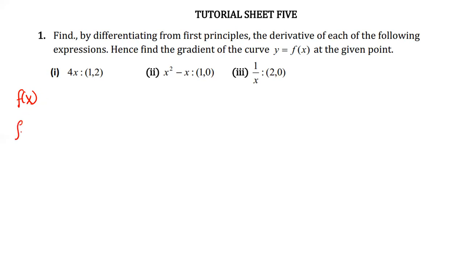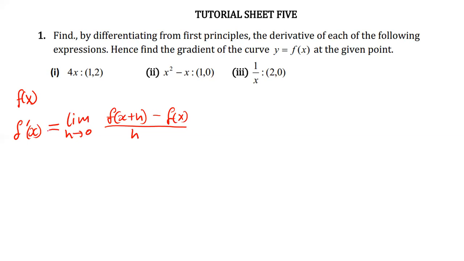You say f prime of x, meaning the first derivative, is equal to, you find the limit of f of x plus h. So this h can be any constant, any number. So x plus h minus f of x, then everything divided by h as h approaches 0.